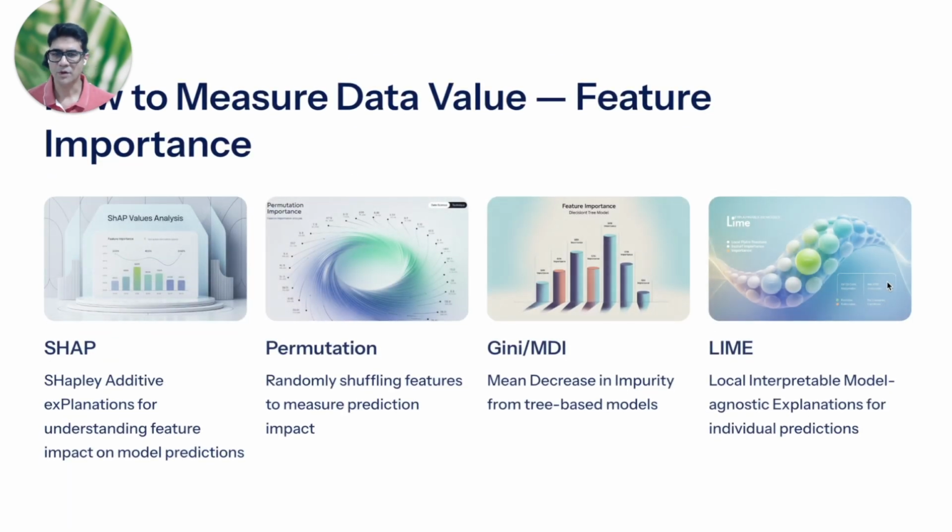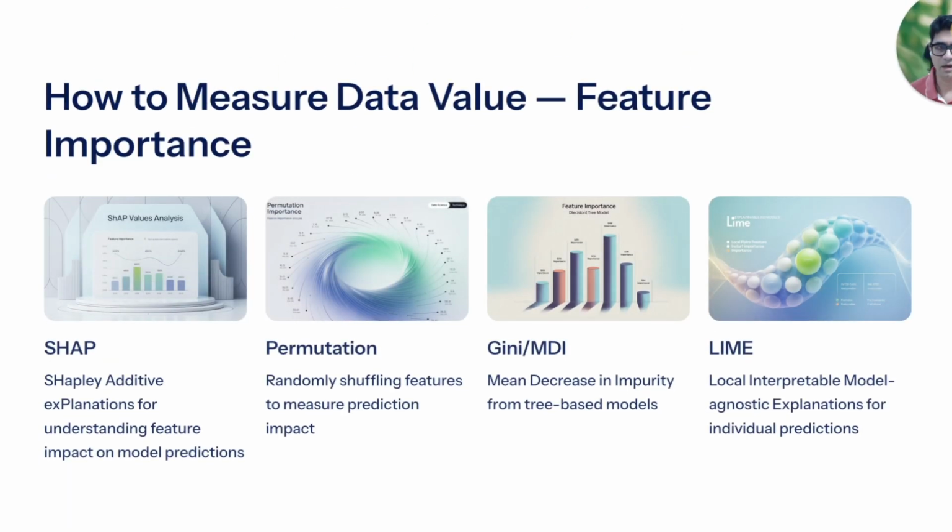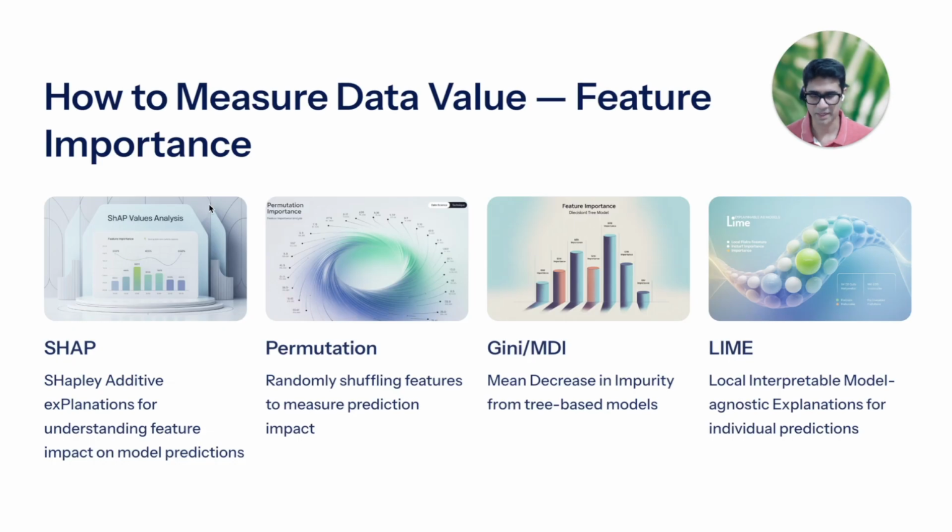Moving on, how do you then generally measure the feature and the importance, right? There are several methods. I've just picked up the ones that I generally use or I have used in the past. SHAP, Permutation, Gini, and Lime.